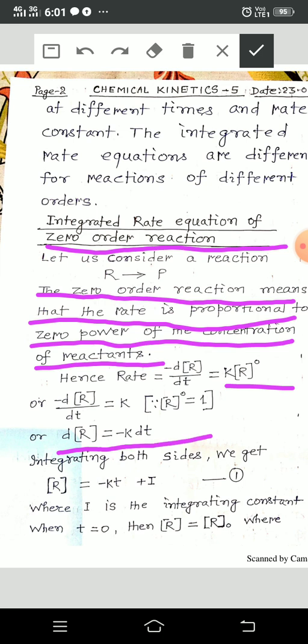Integrating both sides, when you will integrate this equation, you will get concentration of R is equal to minus kt plus I, where I is the integration constant.